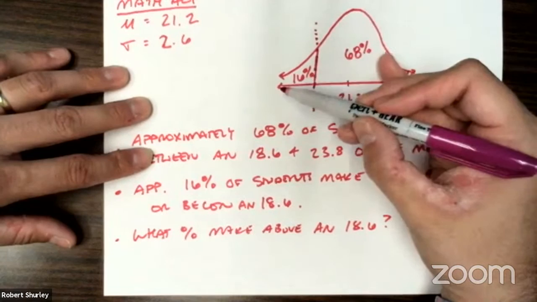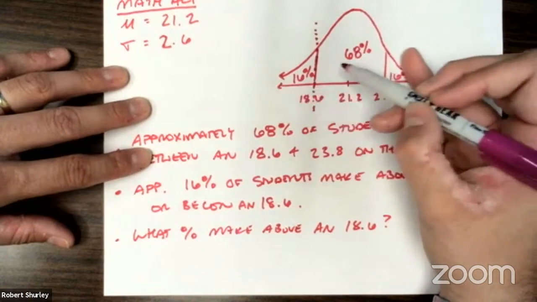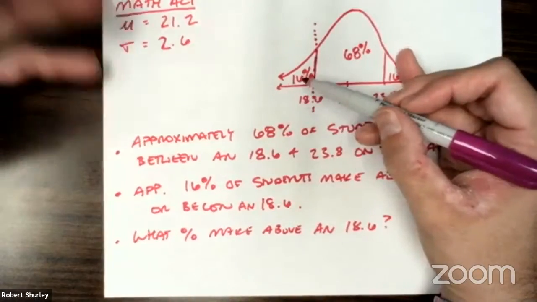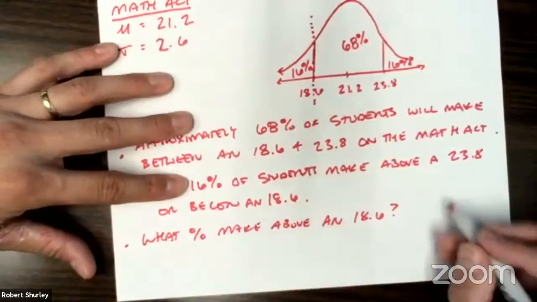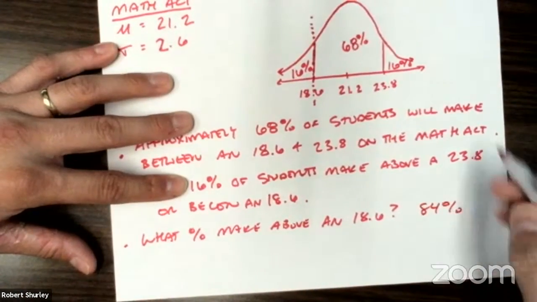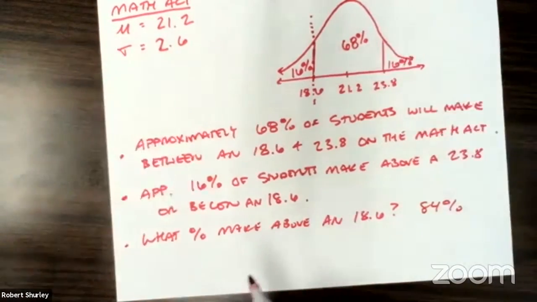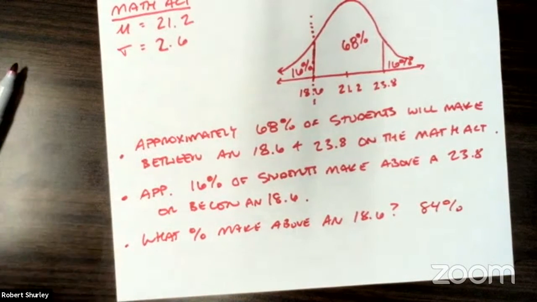Below is 16%, so we need to add these two up, or we could just say 100 minus 16. So that's 84. 68 plus 16, 84%. So what percent make above 18.6? That would be the same as what percent make below a 23.8, right?